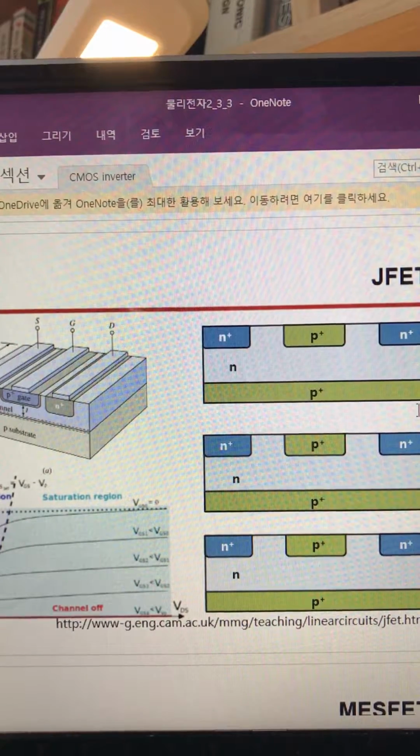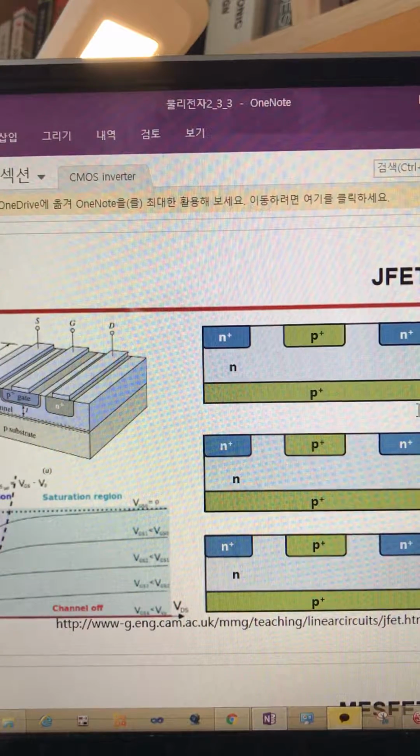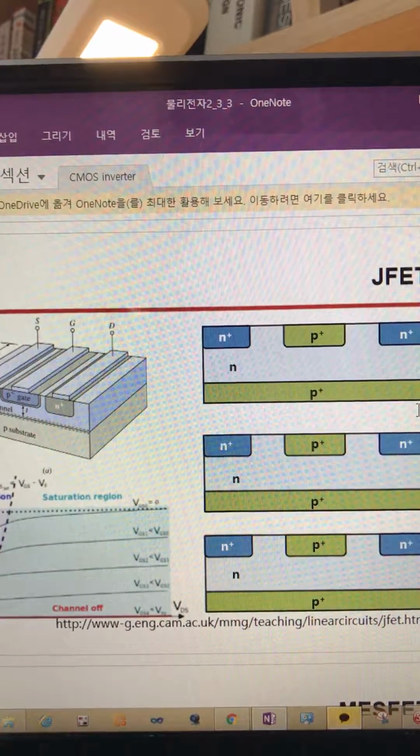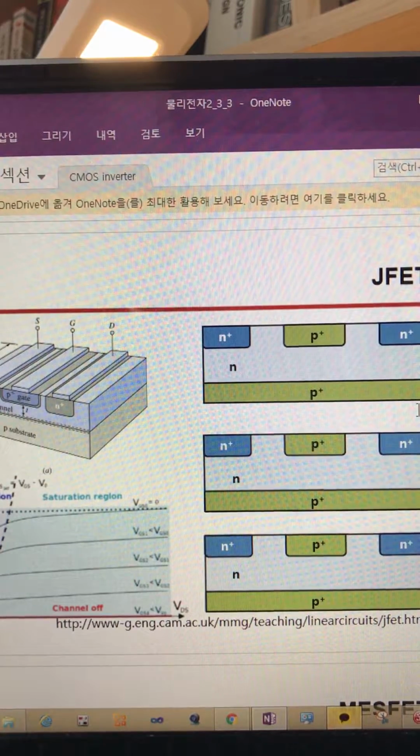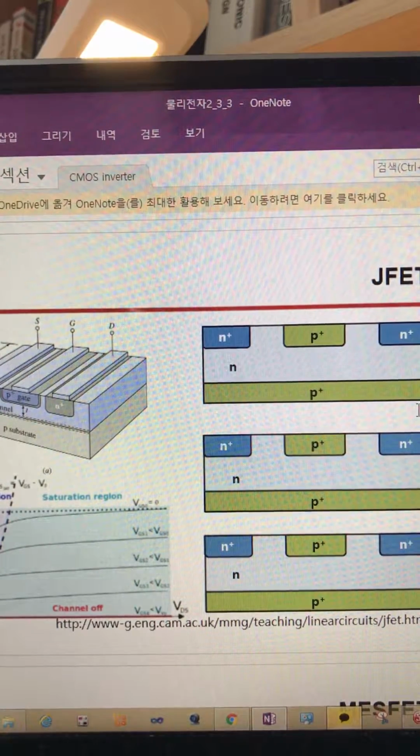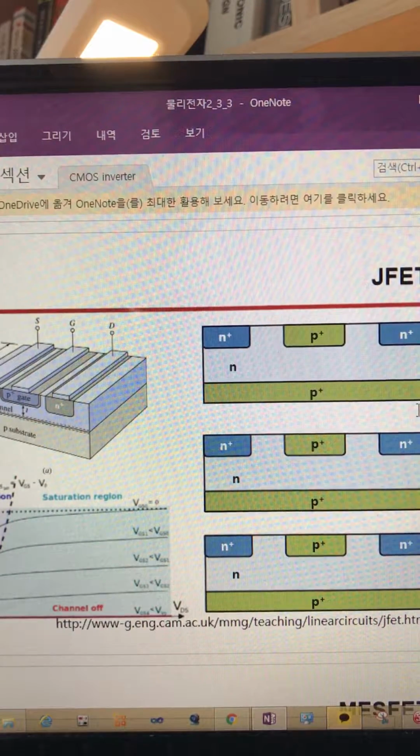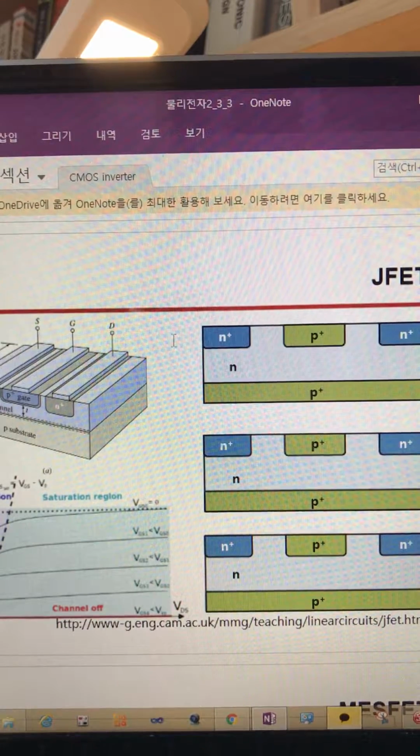This is done by placing heavily doped P in the gate and substrate, applying depletion to the P region by putting the ground and negative bias in the N region, and then applying a positive bias to the drain to adjust the overlap region.